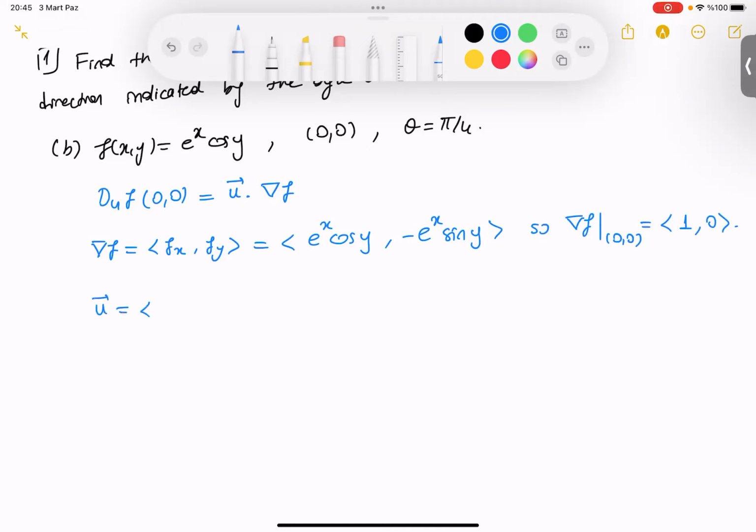It's given by cosine theta and sine theta. Cosine pi over 4 is equal to square root of 2 over 2, and sine pi over 4 is the same as cosine, so you get this value.